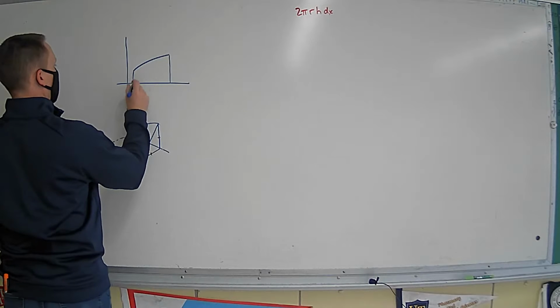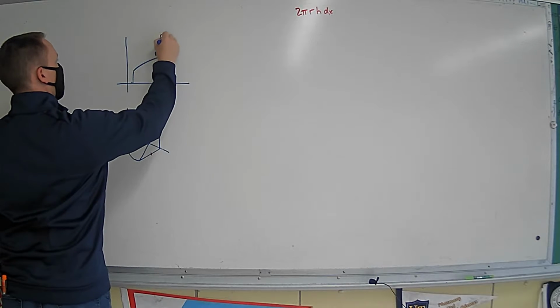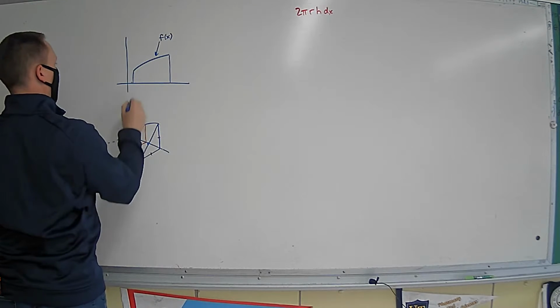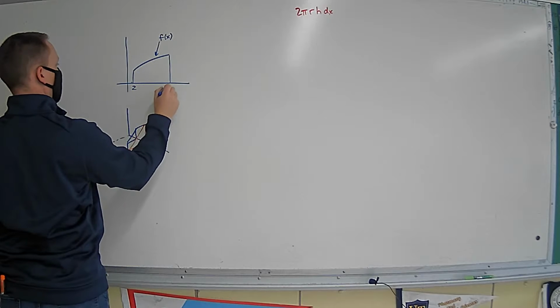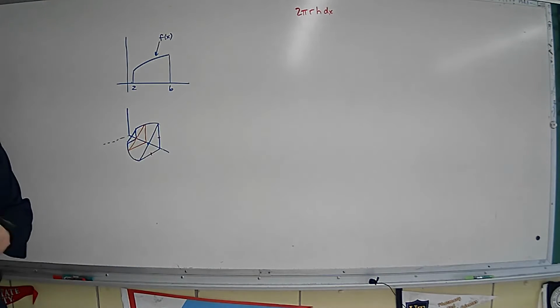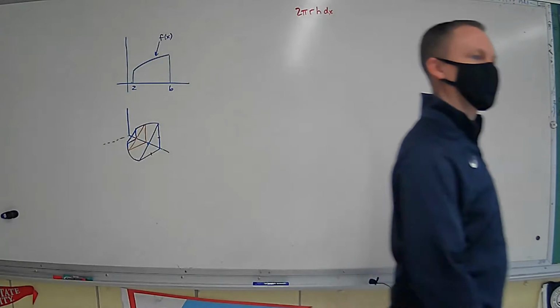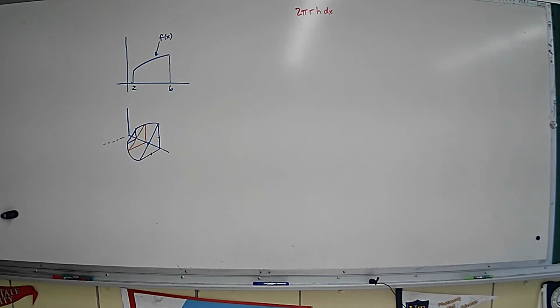Let's say that this right here is f of x, and this right here is 2 and 6. What would the volume of that loaf be?